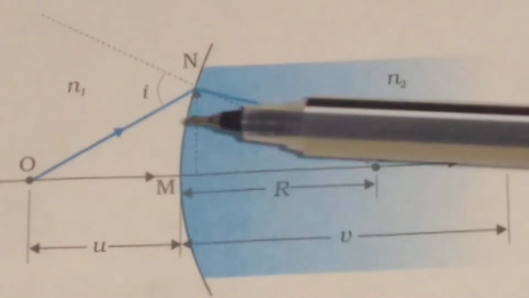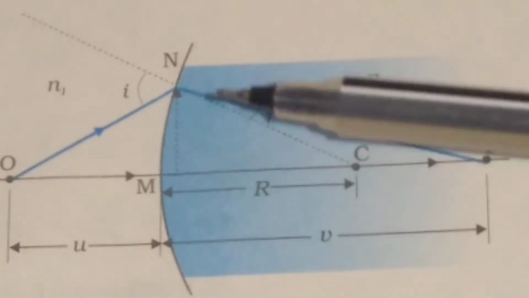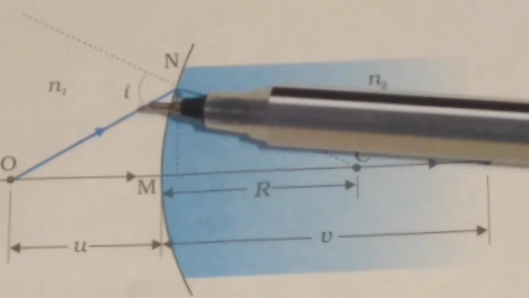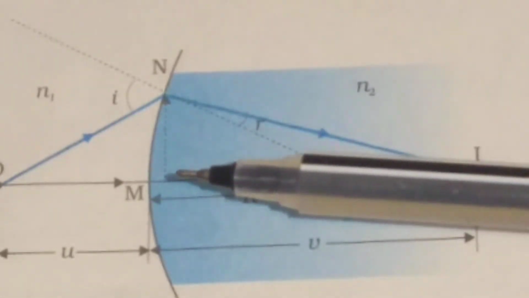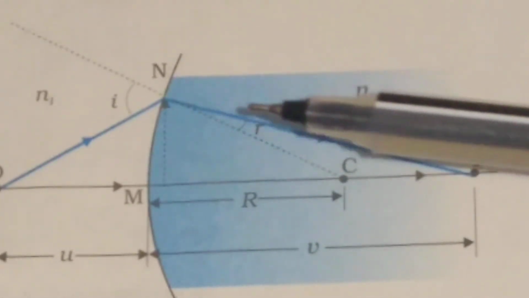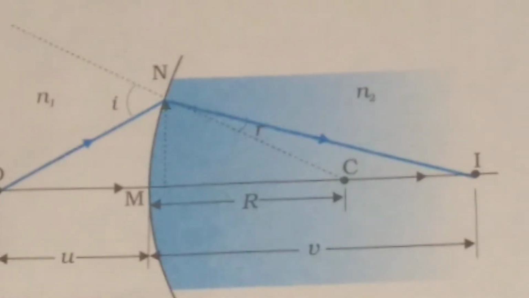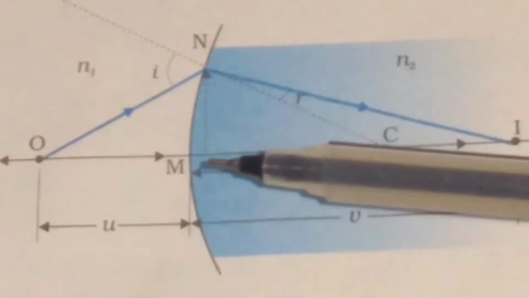Now consider the triangle NOC. In this triangle, angle i is the exterior angle. So exterior angle i will be equal to NOM plus NCM, or NCO.